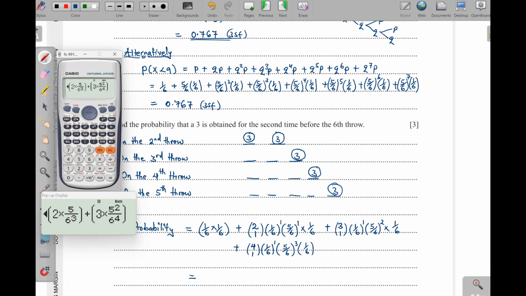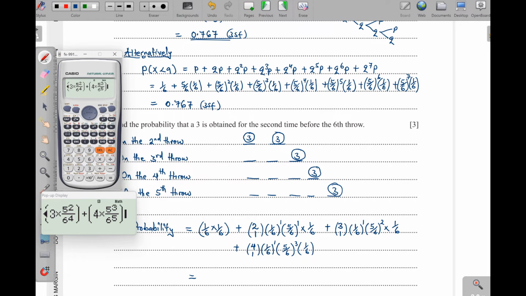And then the last one, we have 4 combination 1, that one is going to be a 4, then times, we have 5 cubed, and 5 cubed is the same as 125, and then 6's here, we have power 3, and then the other one, so it is going to be to the power of 5.